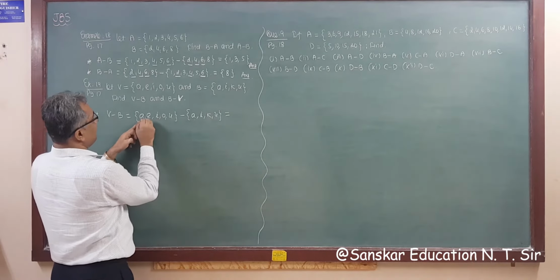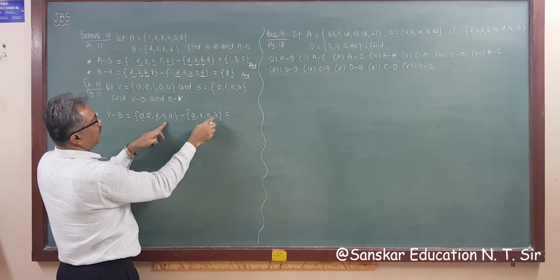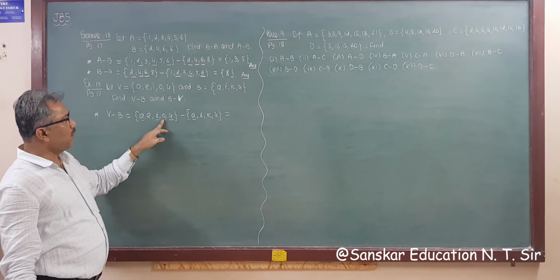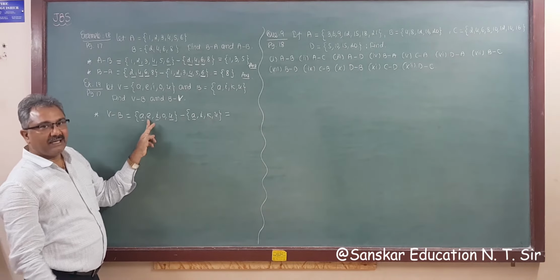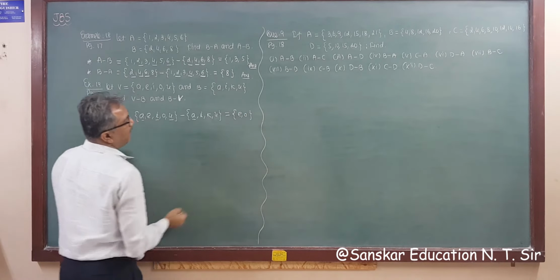So A is here, I is here, K, no K, U is here. So the remaining elements are O and E, right? So our answer will be E and O.